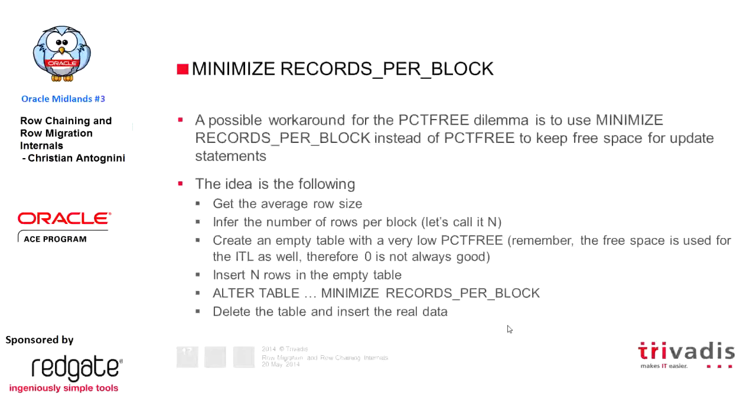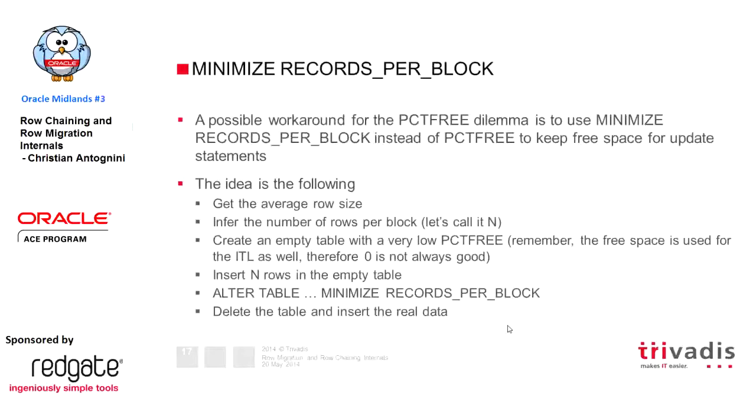If you know that the rows are 250 bytes, you can estimate how many rows you can put in one block. Let's say that you can put 20 rows in one block. So what you can do is create a table, insert 20 rows, execute alter table minimize records_per_block, and from this moment on, you are sure that in this table every block can have at most 20 rows.